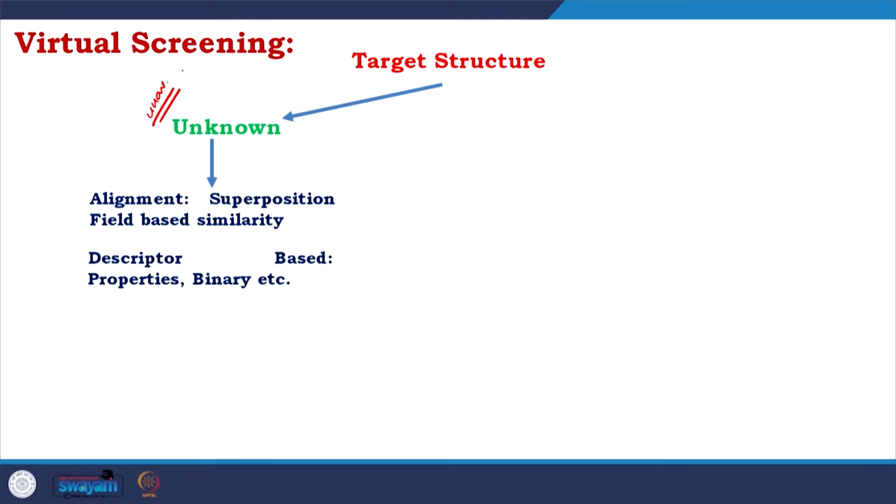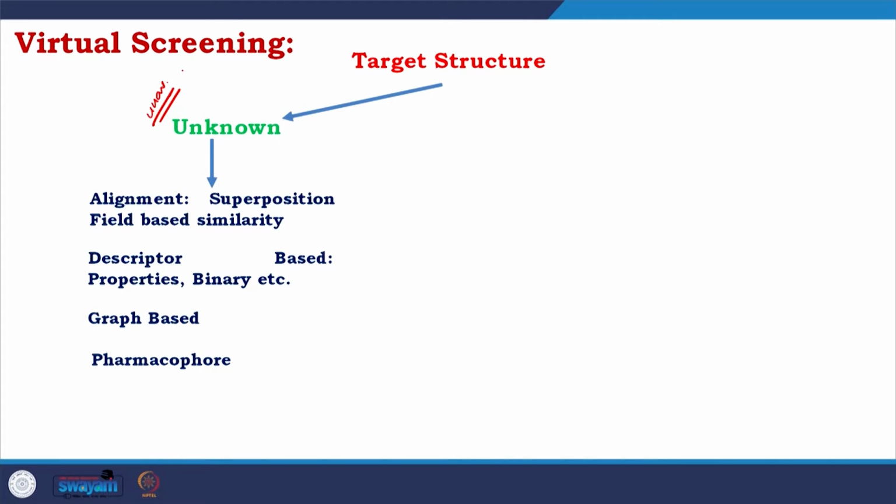Descriptor based, we have already talked about descriptors while talking about QSAR. Graph based, we talk about graph theory. We have a binding site, we get the points and then we connect them, we get the pattern, and that is where graph theory works. Pharmacophore, we have already talked about a lot, and shape based.